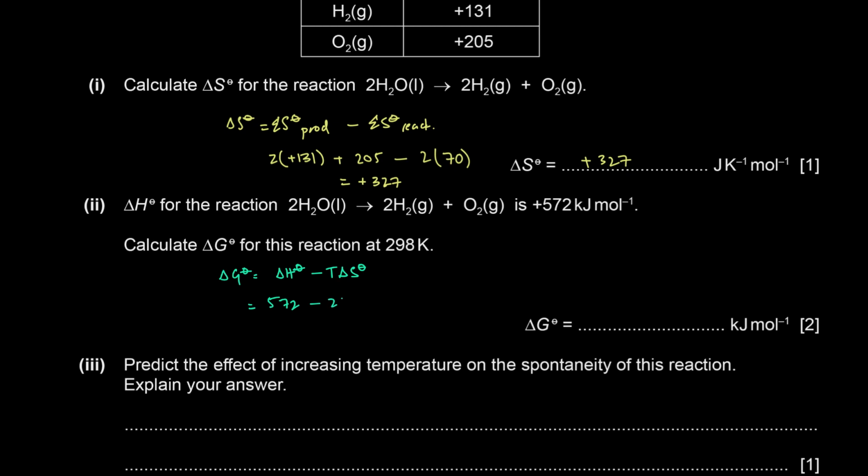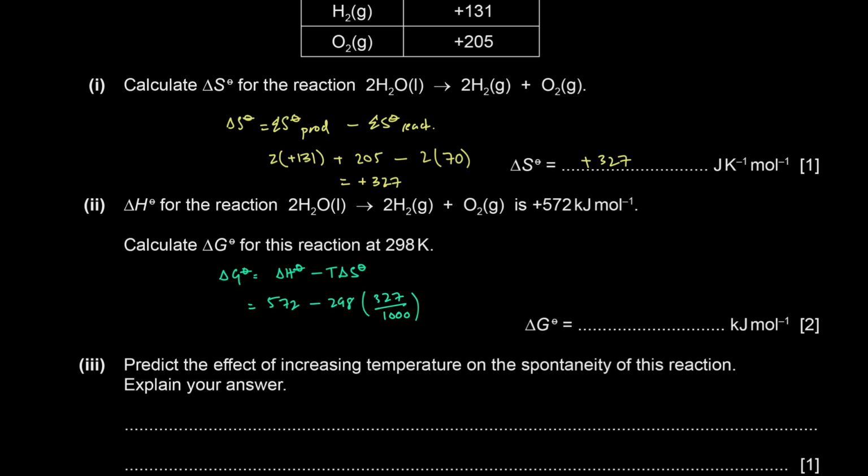The temperature is 298 Kelvin. And the entropy change that we have is in joules per Kelvin per mole, but we want to calculate it in kilojoules per mole. So we're going to say 327 divided by 1000, because we want to convert joules to kilojoules here.